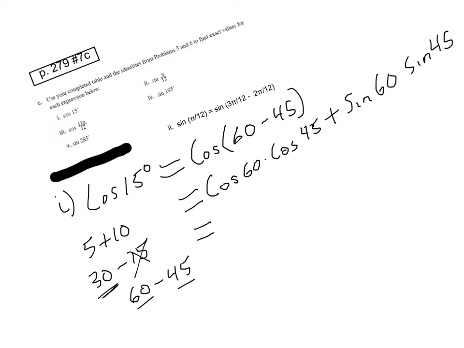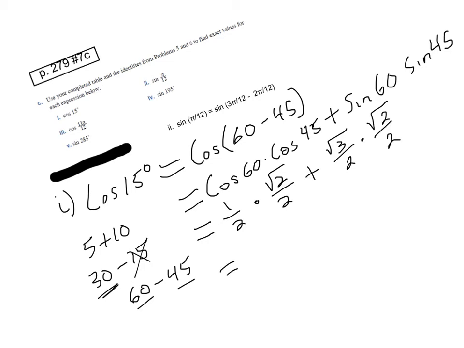Cosine of 60 is 1/2. What is the cosine of 45? Cosine of 45 is square root of 2 over 2, plus the sine of 60 is the square root of 3 over 2, and the sine of 45 is the square root of 2 over 2.